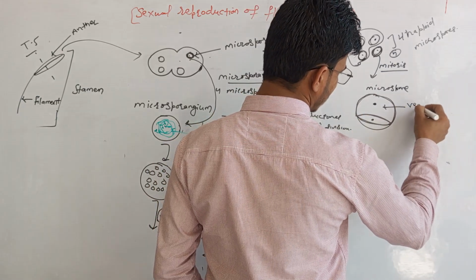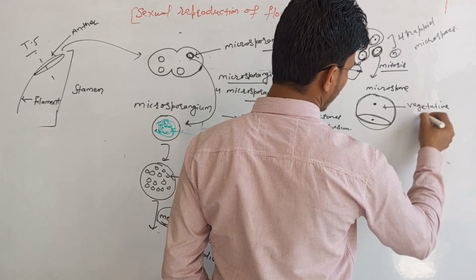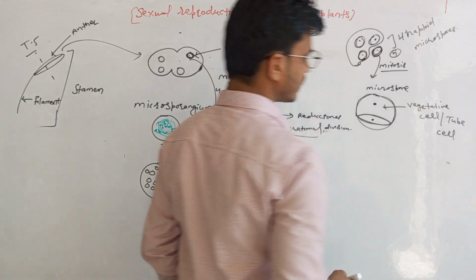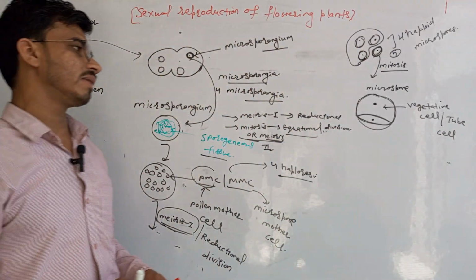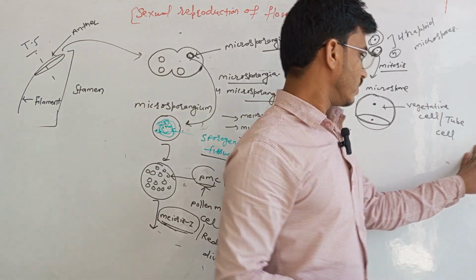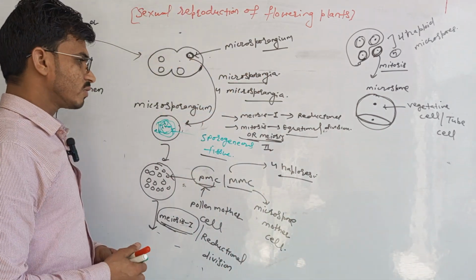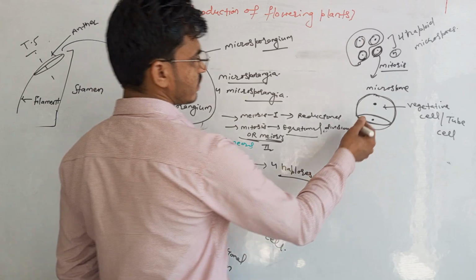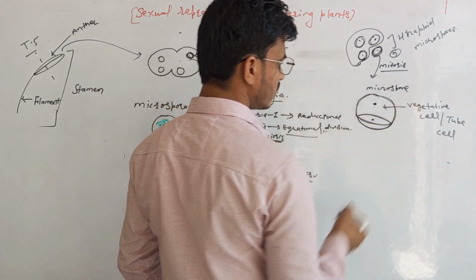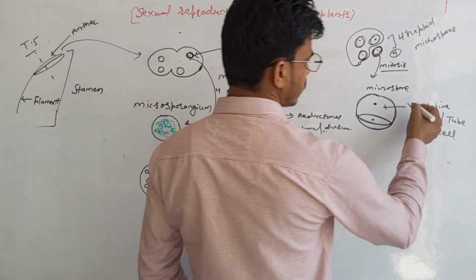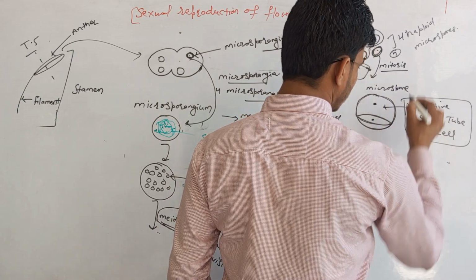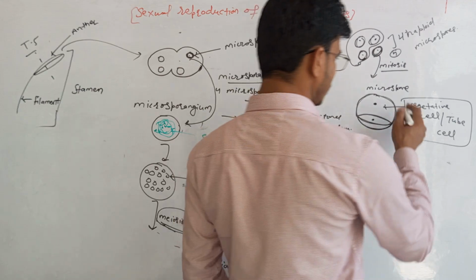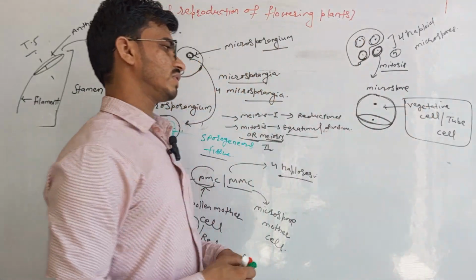The larger cell is known as the vegetative cell, also known as the tube cell. An examiner may ask for another name of the vegetative cell. Sometimes the question may arise, what is the tube cell or what is the vegetative cell, but they are the same thing. You can write the vegetative cell as the tube cell or the tube cell as the vegetative cell, vice versa.